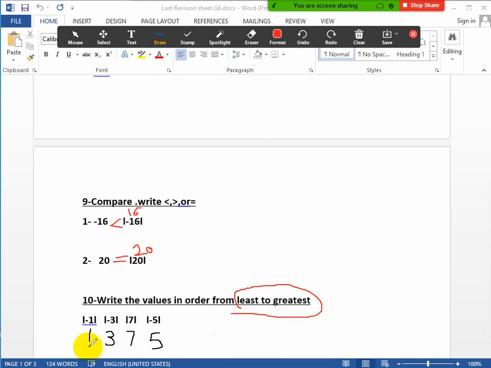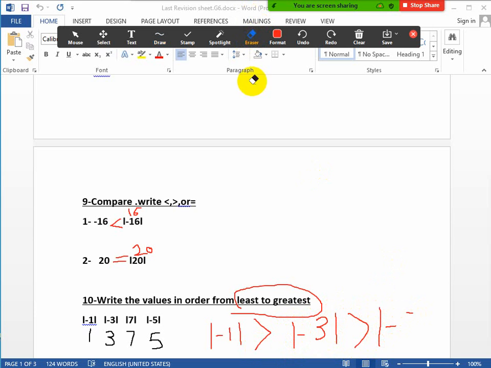So what is the least number? The least number is negative 1 in the absolute value. Very good. Then negative 3. Then the absolute value for -5.